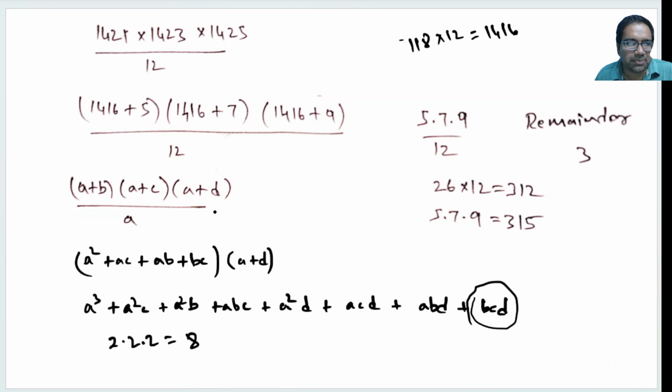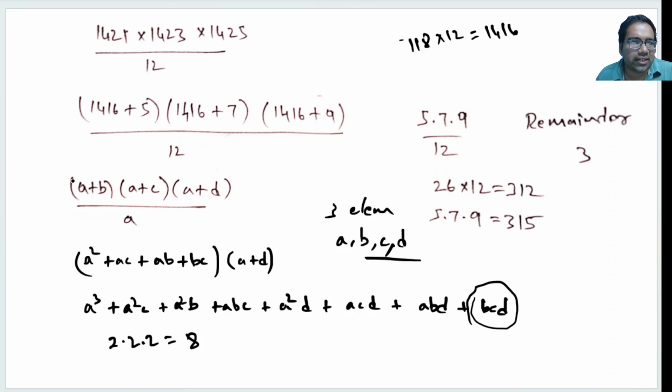In this entire expansion, BCD is the only term which doesn't have A. There is no other way, right? Because every item is a set of three elements, and we have four, A, B, C, D. The only way to pick three elements without A is BCD. All other combinations will have A in it naturally.